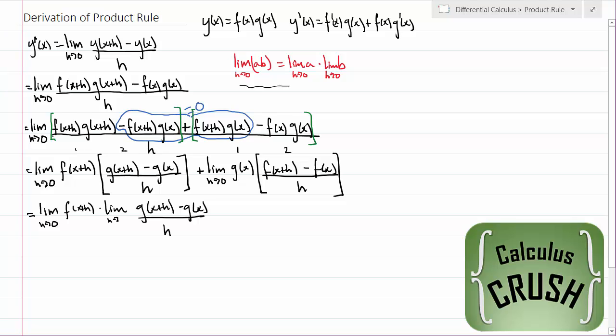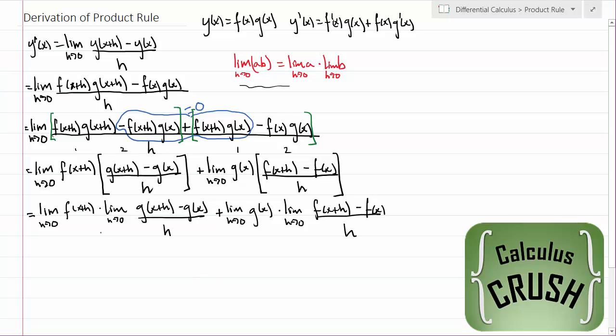Sorry, I'm forgetting the h goes to 0. There we go. Plus the limit as h goes to 0, g of x times the limit as h goes to 0, f of x plus h minus f of x divided by h.